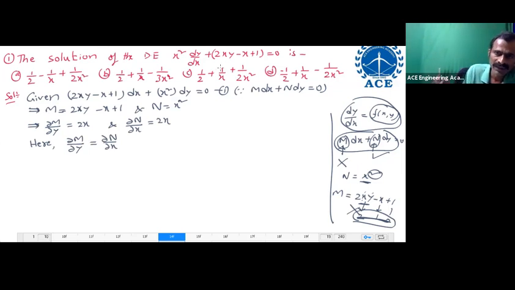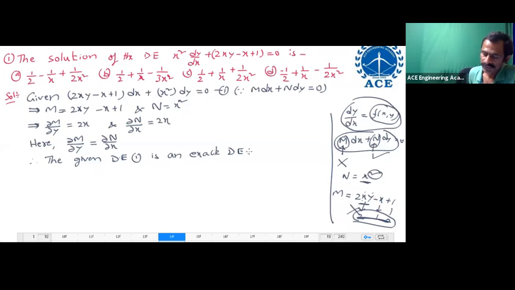Therefore, the given differential equation 1 is exact. So we cannot solve this problem by the first two methods, but we can solve it by the exact method. According to the exact method, we directly write the solution in an easy way using the shortcut method.